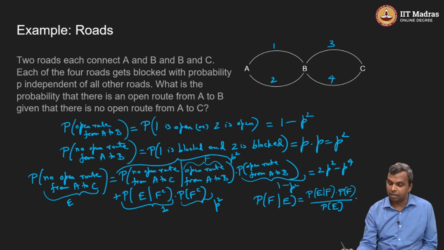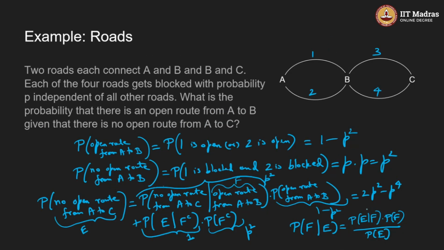You substitute all this, so this is P squared times 1 minus P squared, divided by 2P squared minus P power 4. So you get the final answer, right? Maybe you can cancel the P squared, and this ends up being 1 minus P squared over 2 minus P squared. Okay, so this is your final answer.